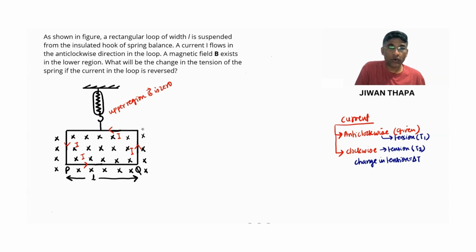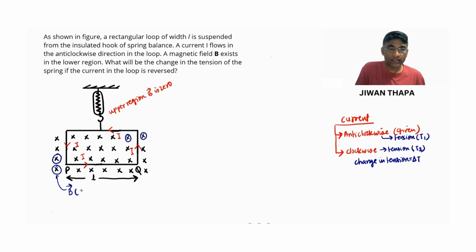This cross represents the magnetic field, and it indicates that the magnetic field is perpendicular to the plane of the rectangular loop and is directed inward. Let us denote the magnetic field by the symbol vector B.